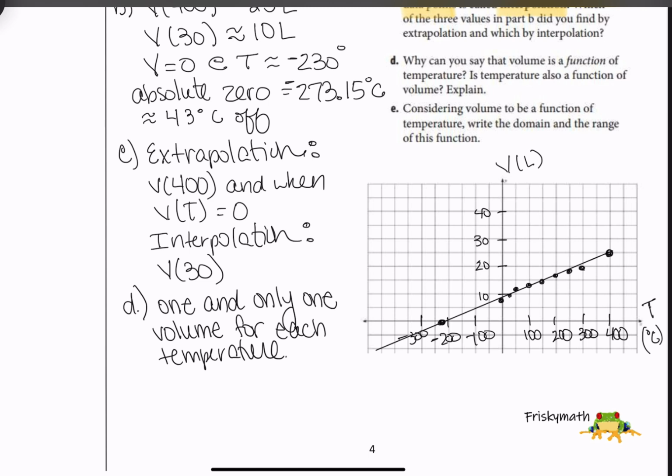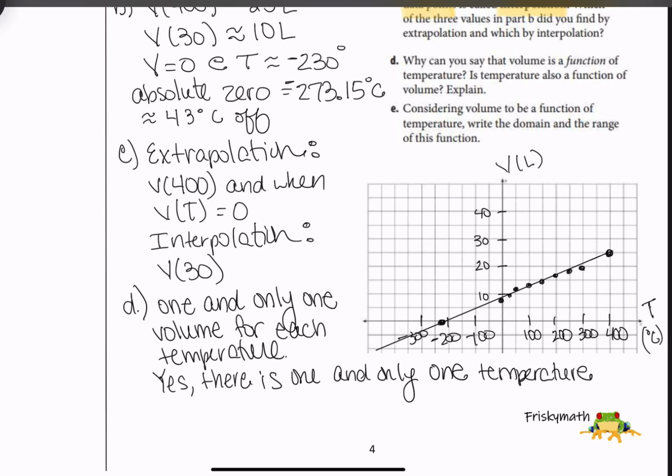So we can say yes. There's one and only one temperature for each volume.